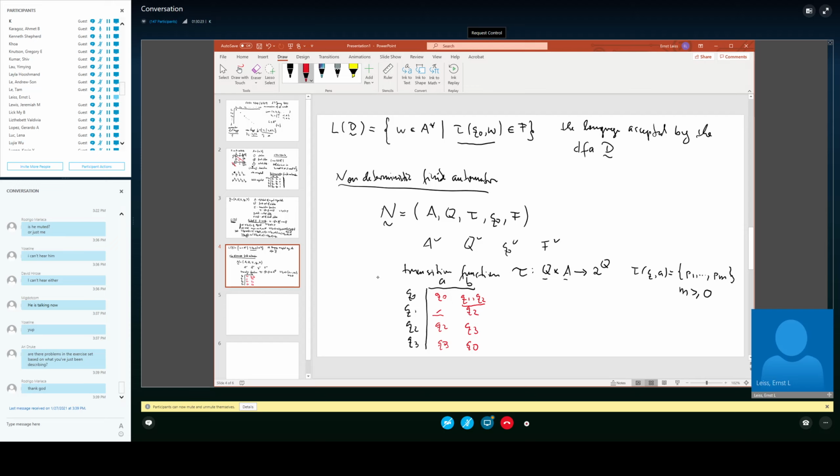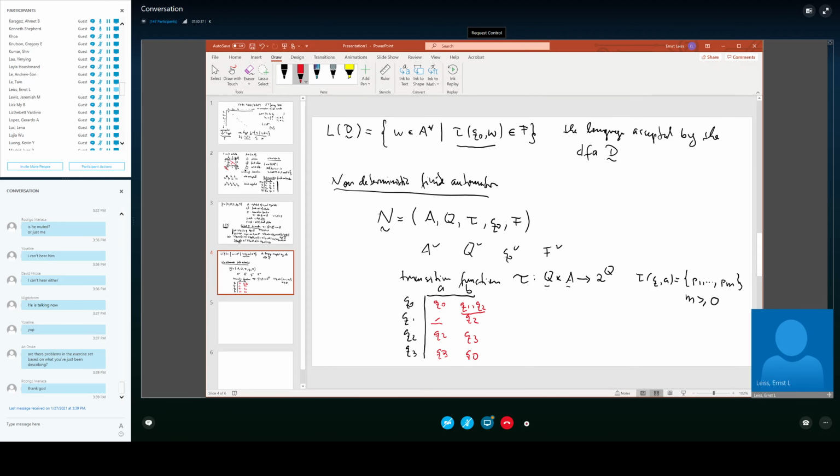Q1 under A we have no state, so that would be the case M equal to 0. For the other cases we have one single state in all cases. So what we're really dealing with here is another automaton, which can be again written down exactly like before.